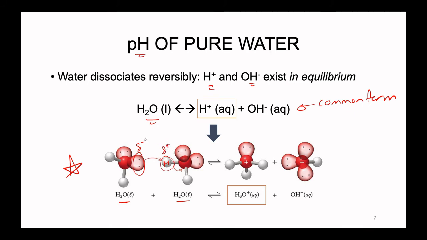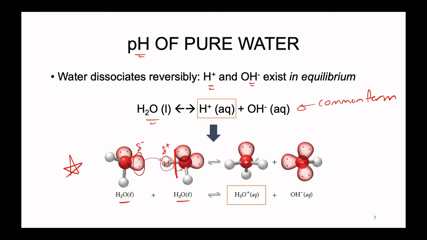So we have an attraction here between the partially negative and the partially positive, and from this hydrogen's perspective, negative is negative, right? Oxygen is oxygen. There's an oxygen over here on the left and an oxygen over here on the right. So if the 2 waters collide with enough energy, this bond between the hydrogen and its oxygen in the water will break.